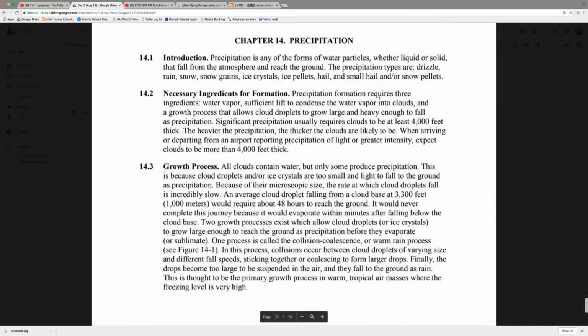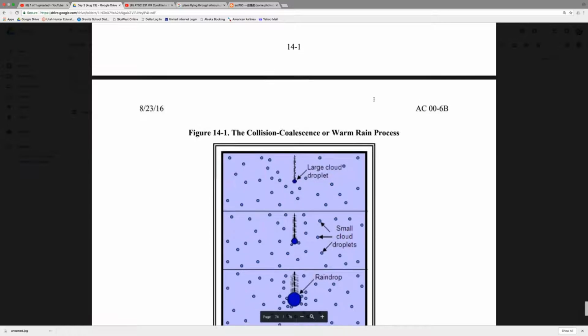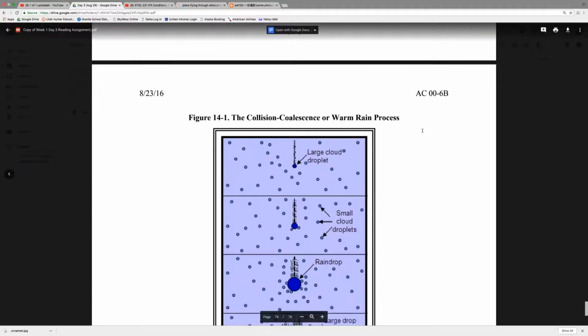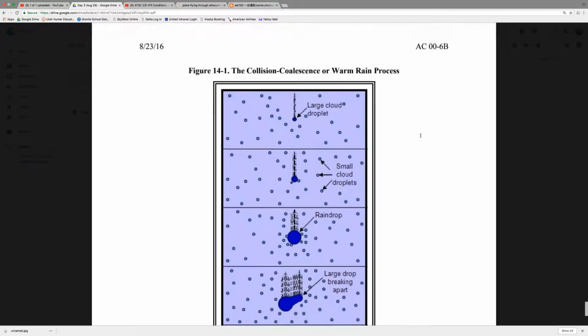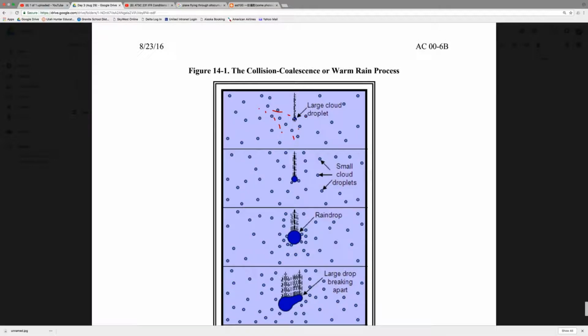So precipitation. Basically, you've got this water vapor droplets all around, right? All these little specks of water droplets, water vapor in the sky.